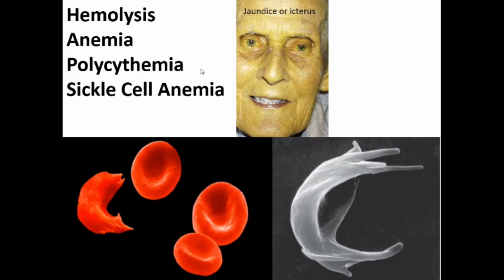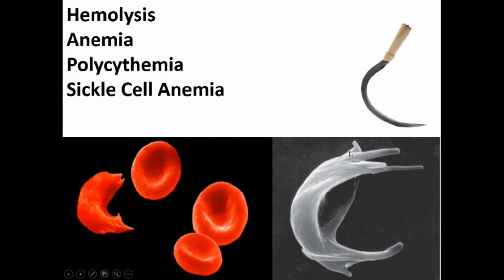So they have a physiologic polycythemia. And the last one, sickle cell anemia, is because of a mutation in the DNA. You can see the shape of this kind of red blood cell is different from normal. The scientists say they are a sickle shape or crescent shape.